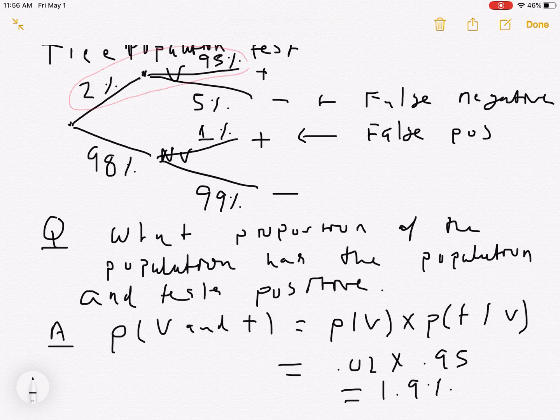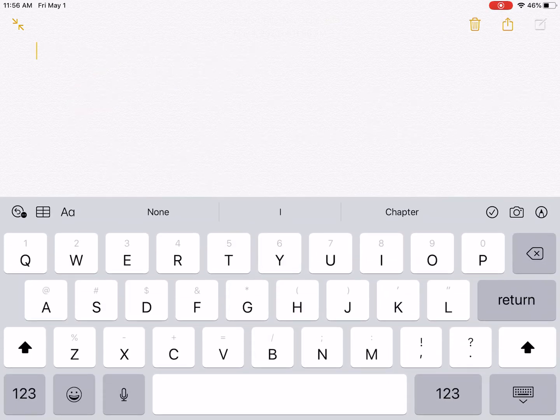Okay. Now, you'll want to have this tree diagram in mind when I do the rest of these problems. You can also ask this question.